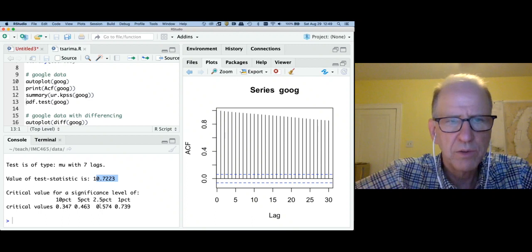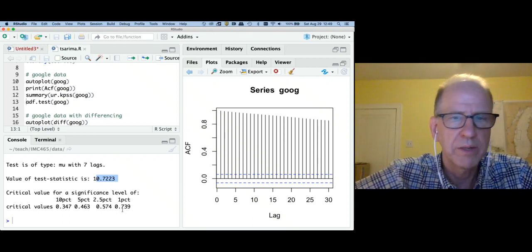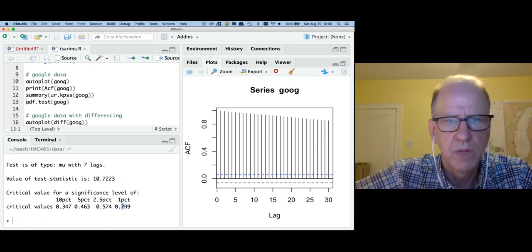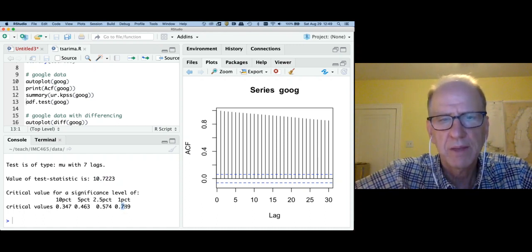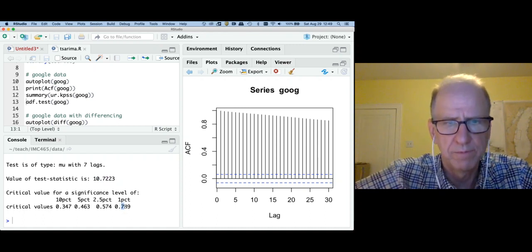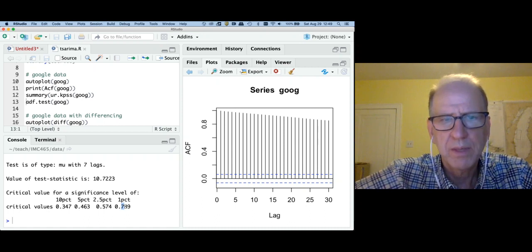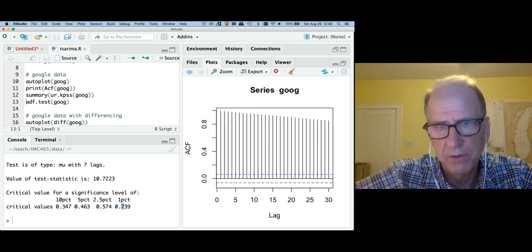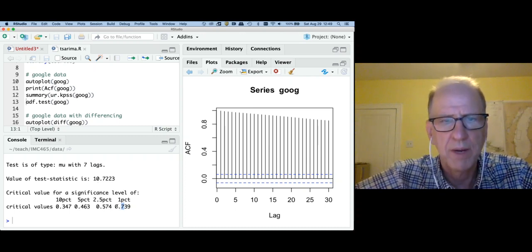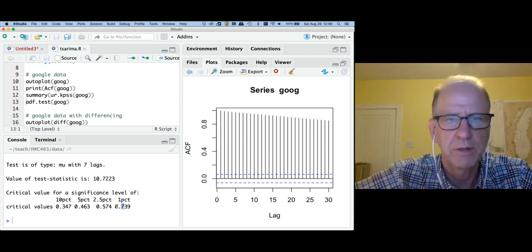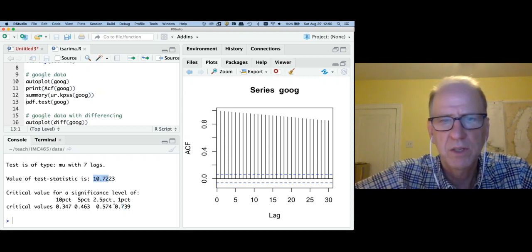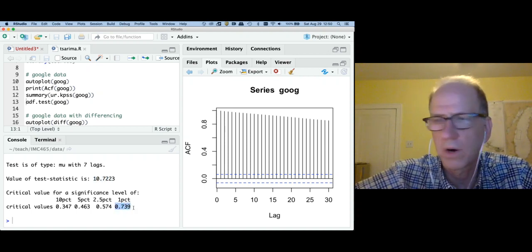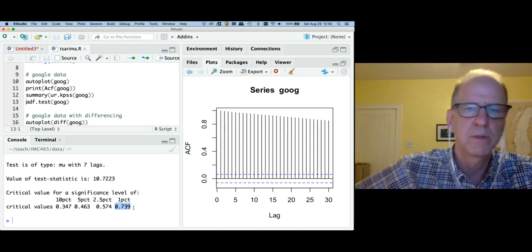And so values of the test statistic that are greater than 0.7 would be significant at the 0.01 level. Let me repeat that. If our test statistic exceeds the critical value, we would reject the null hypothesis of stationarity. This test statistic is far beyond the 0.74.